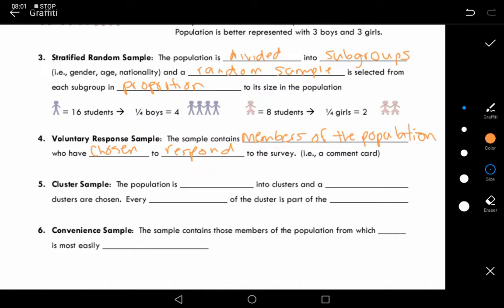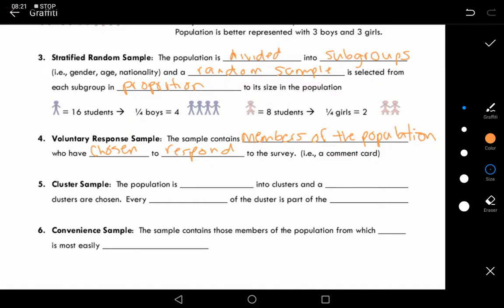So I'm sure you maybe have had some experience with this. Maybe somebody sends you a Google form to fill out, and you choose to respond to it. So voluntary means you're volunteering, if you want to think about it that way.